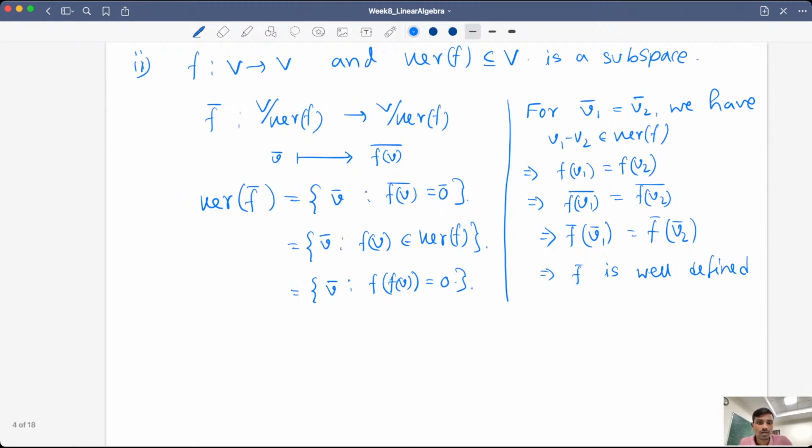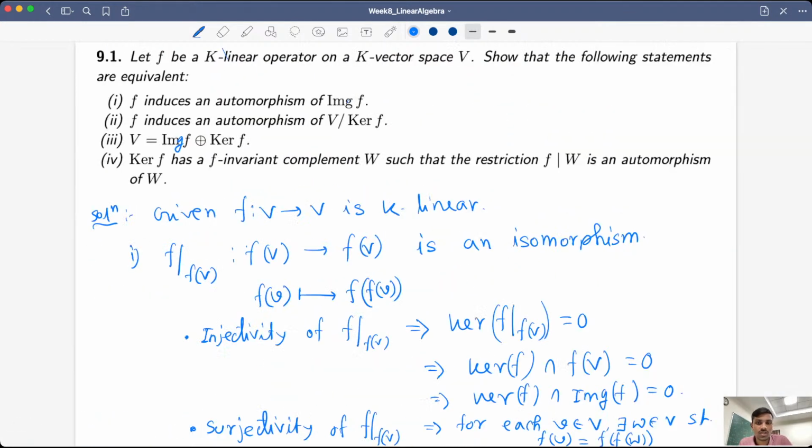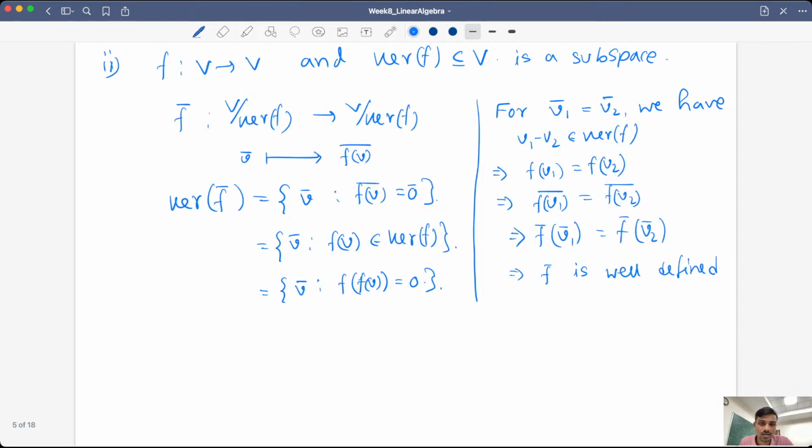Now if we assume the first statement, that this is an isomorphism, then I know that kernel of f and image of f intersect only at 0. And what we get here says that f of v, which is an element in the image of f, also lies in the kernel of f, right? So I can again further write v bar such that f v belongs to image f.